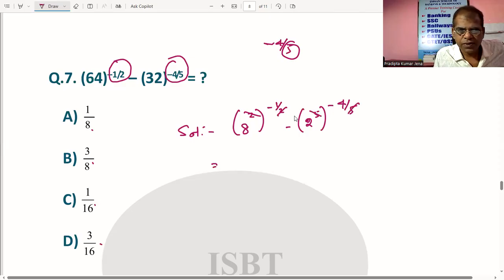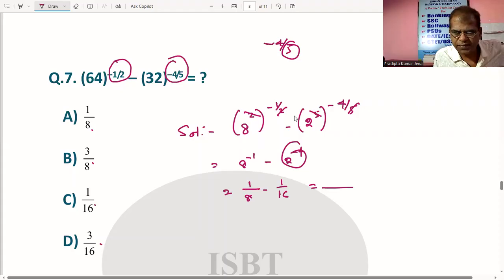Now we can write 8 to the power minus 1 minus 2 to the power minus 4. What is the value? That is equal to 1 by 8 minus 1 by 2 to the power 4, which is 1 by 16. So 1 by 8 minus 1 by 16, LCM is 16, cross multiplying, 16 minus 8 over 16 into 8.